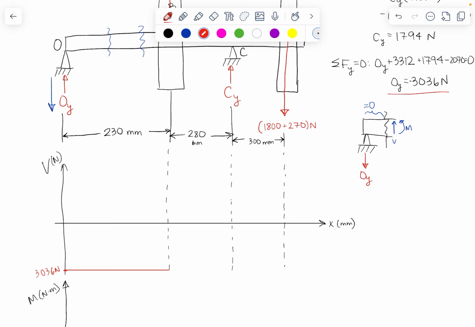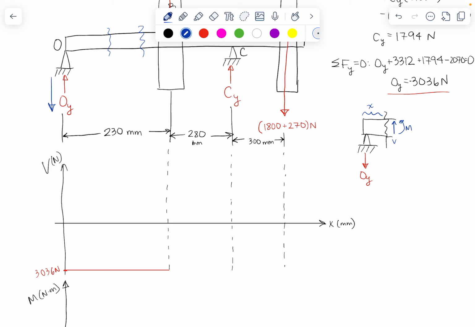But the moment changes because we no longer have this distance equal to 0. Right now, this distance is equal to x, whatever position that we find ourselves at.